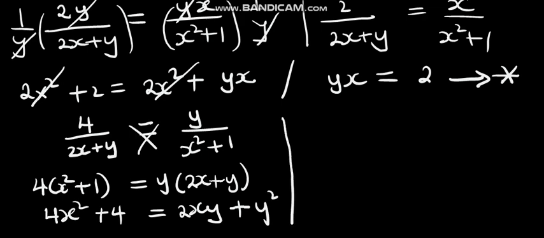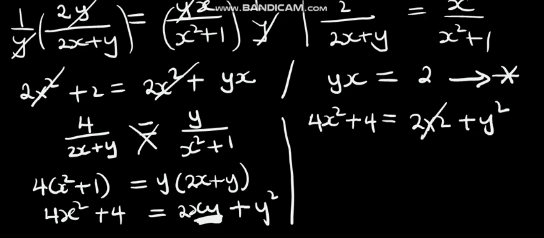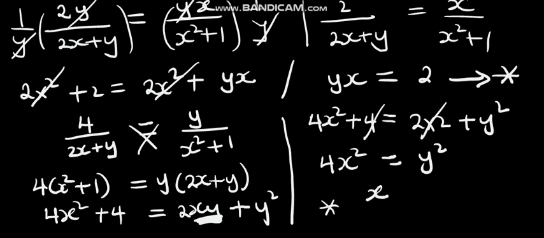Now students, we say that xy is equal to 2. So we shall replace with a 2 here, and we shall have 4x² + 4 is equal to 2 times 2 plus y². So this 4 and this 4 will go, and we shall have 4x² is equal to y². But remember, from our equation star, x is equal to 2/y.